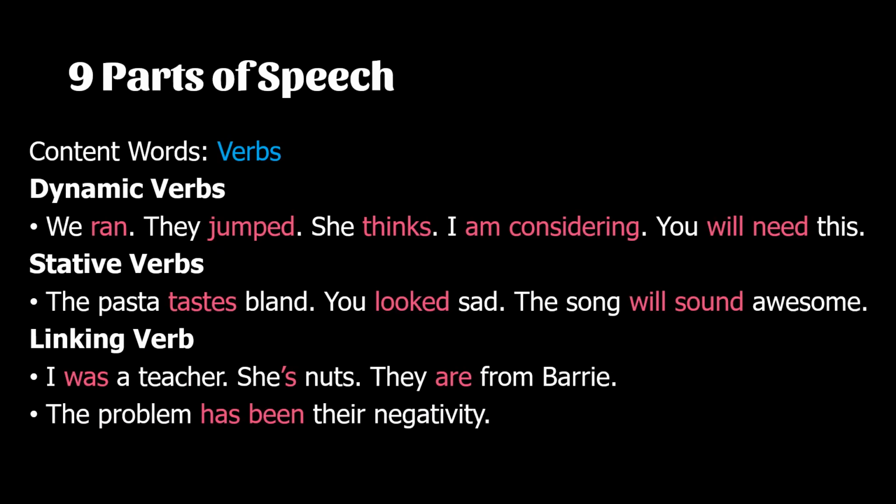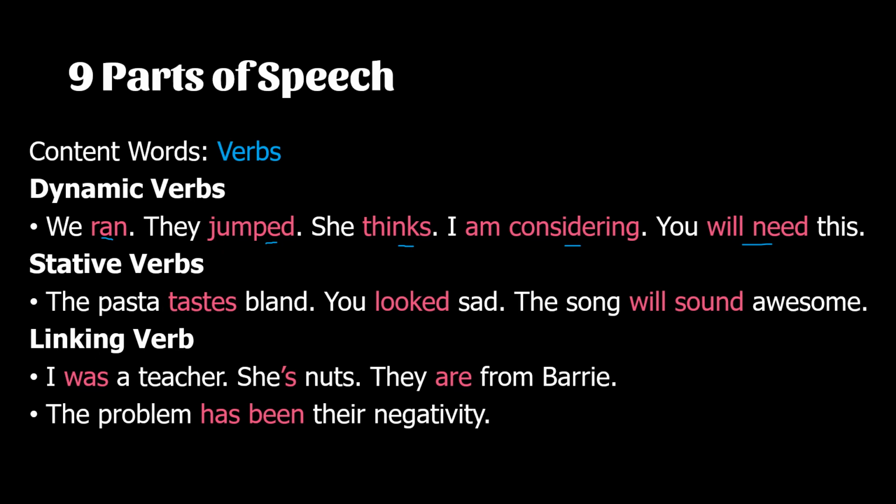Here are some sentences that contain some verbs. Dynamic verbs: we ran, they jumped, she thinks, I am considering, you will need this. Notice that it's easy to visualize running and jumping, but thinking and considering and need are a little bit more abstract.